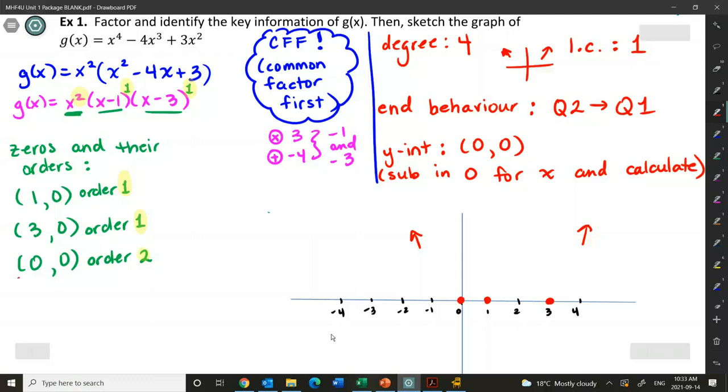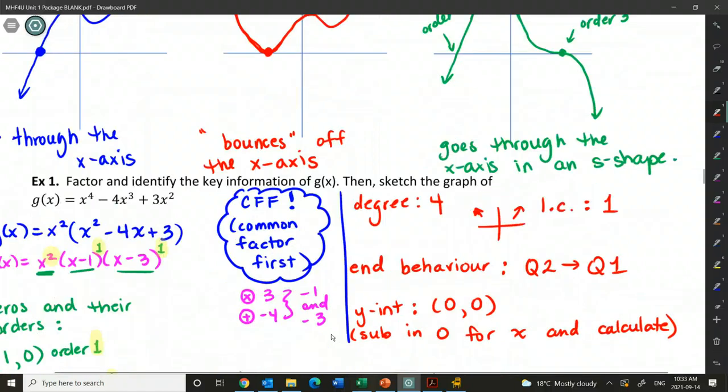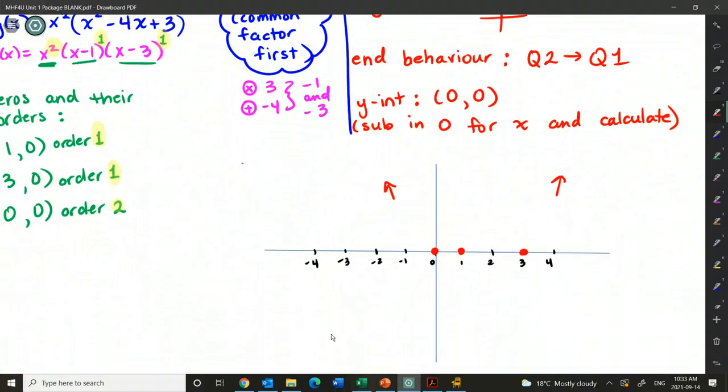So first thing that I'm going to be approaching as I come from this end and I travel toward my right end is the 0 at 0, 0, and I know that this is order 2. Based on the information that we talked about above, I know that an order 2 zero is going to come toward that 0 and bounce off of it. So as I go toward the 0 at 0, 0, I will bounce off of it rather than going through it.